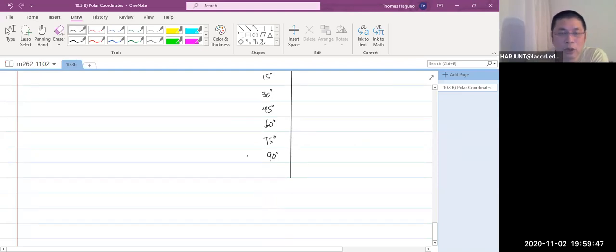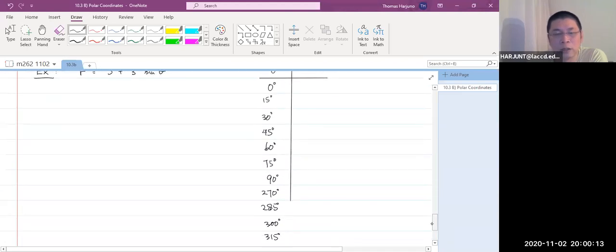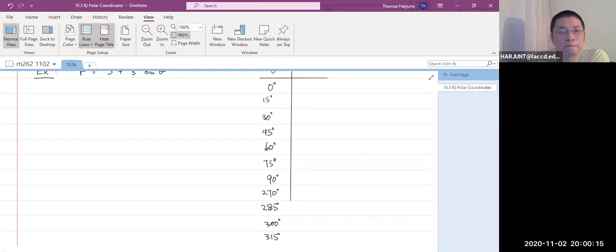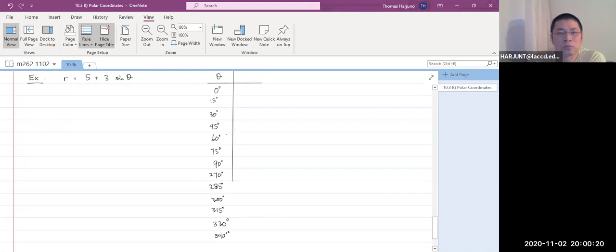So I would just do quadrant 1 and quadrant 4. In quadrant 4, that will be 270 degrees, 285, 300, 315, 330, 345 degrees. Now, what I want you to do is to find the values for all of these. Can you do that?